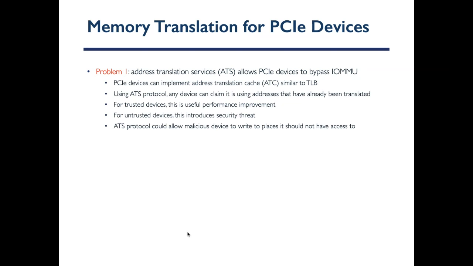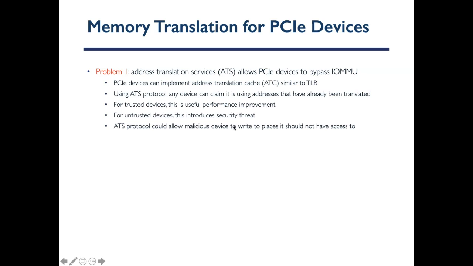The first problem that you have with it is that the way the PCIe protocol is implemented allows devices to bypass IOMMU. This is because the ones who designed the protocol wanted performance.